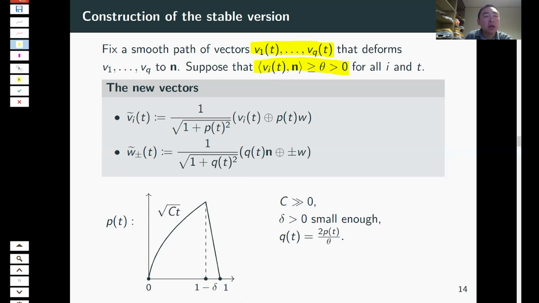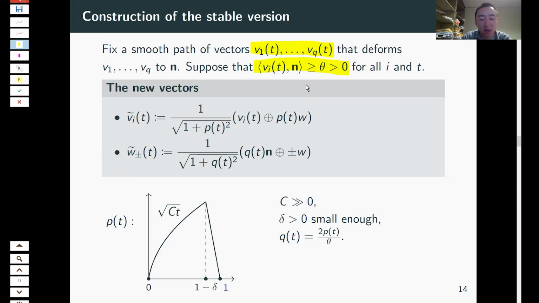This is the function p(t). You can see we raise it, and then we have to go back. But for the function q of t, it's simply p of t times 2 over theta, where theta is the positive lower bound of all the inner products along the path.